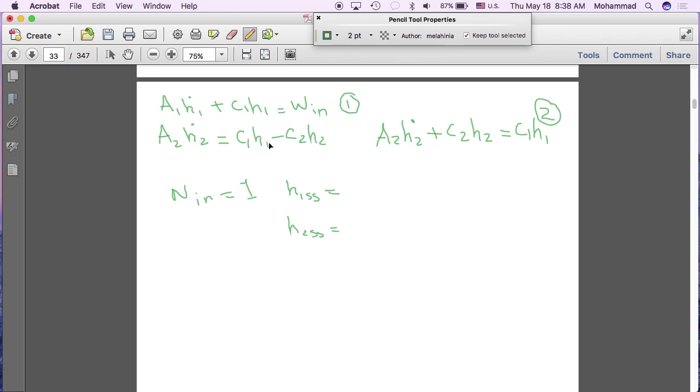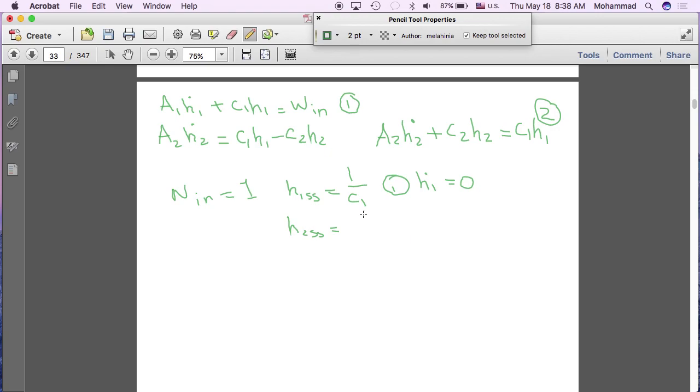If you look at equation 1 and set h1 dot equals 0, that's the essence of h1 steady state. h1 doesn't change, so h1 dot is 0. If you set that and we know Wn is 1, what do you find for the value of h1? It's 1 over c1. That is the value for the steady state level of the first tank.